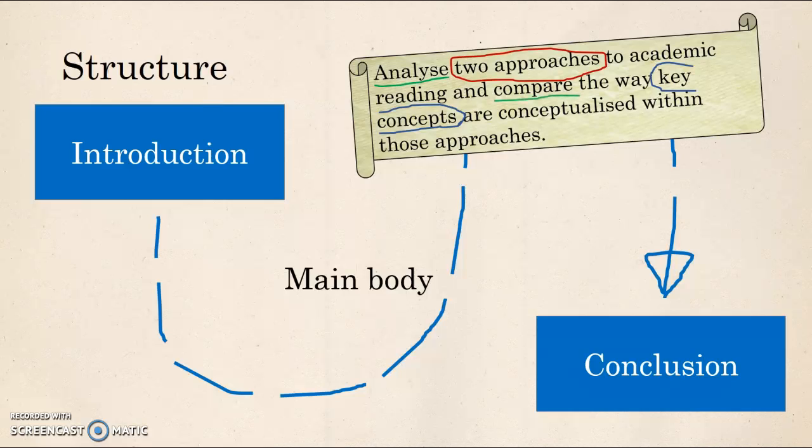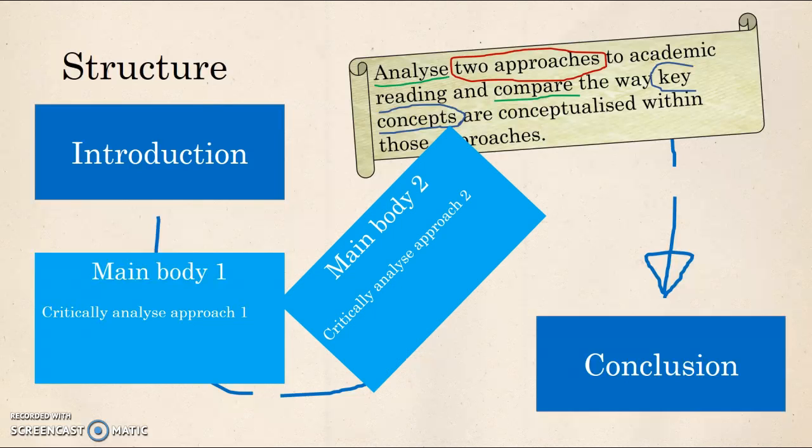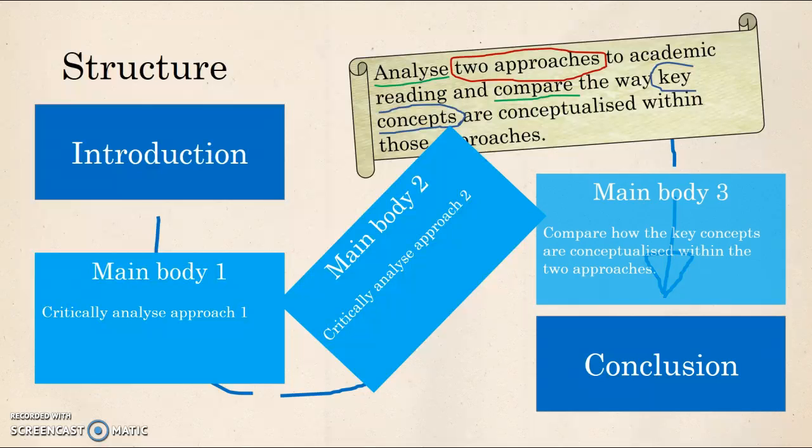So, for example, you might decide that you want to focus on the two approaches. Then in your main body, what you could do is have a section in which you critically analyze the first approach, then another section in which you critically analyze the second approach, and finally a third section where you compare how the key concepts are conceptualized within these approaches.